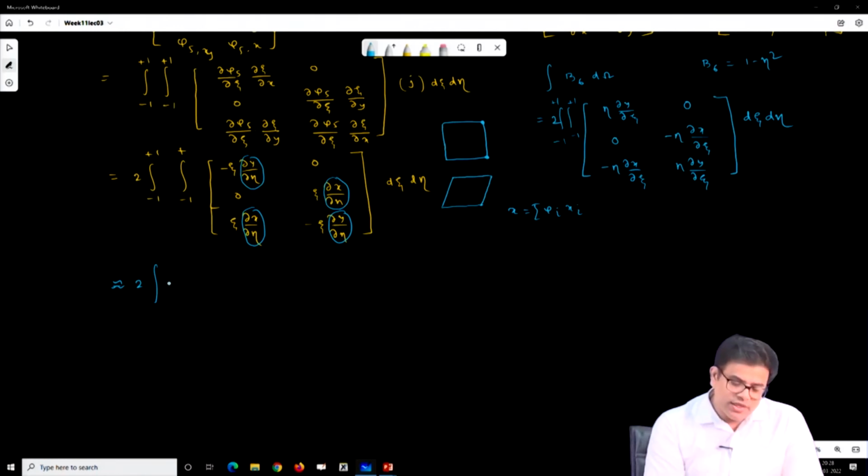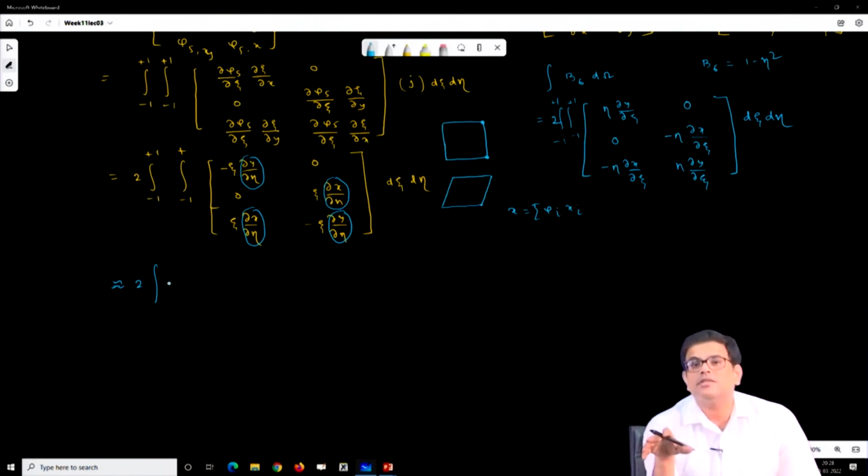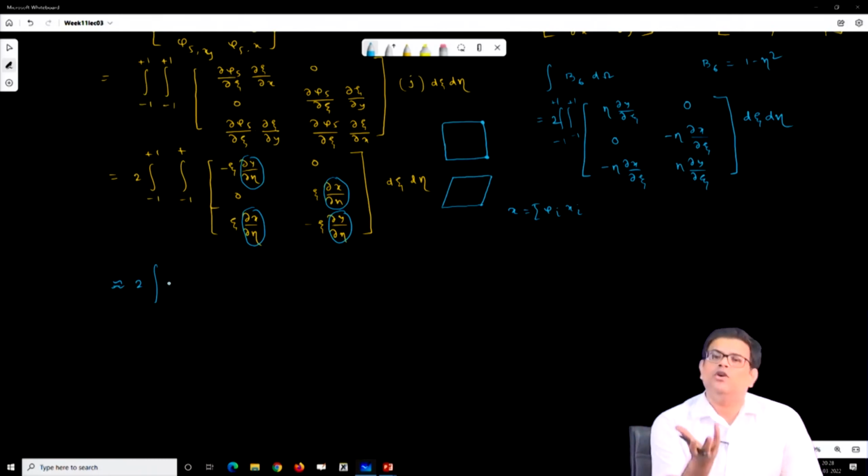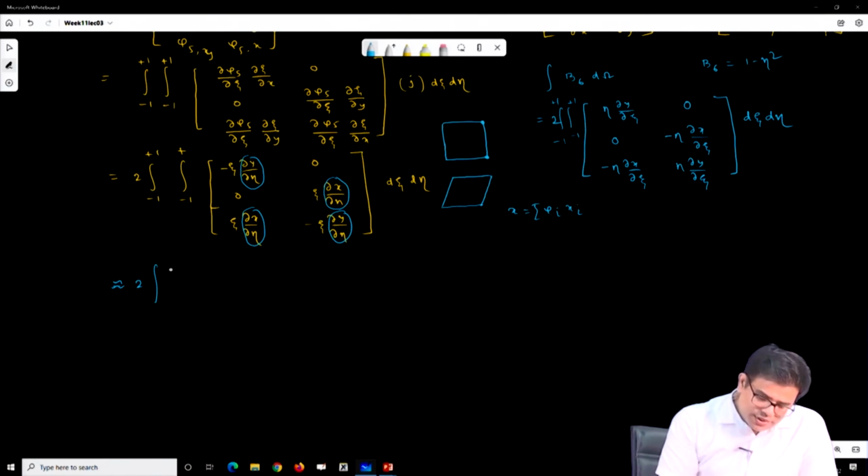Because this is Gaussian integration, right? So instead of the Gauss points, let us calculate at the center, that is xi and eta equal to 0. So this will eventually nullify the linear term, so that it will pop up as a constant term.